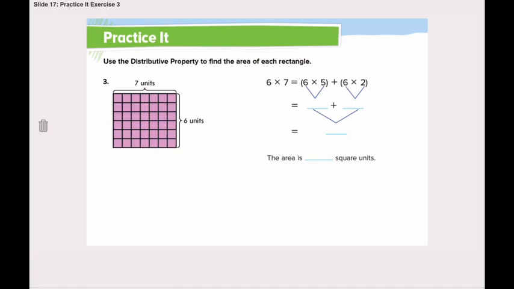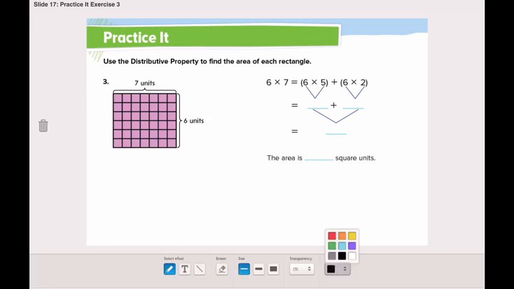Now, here we will need to also use the distributive property to find the area of each rectangle. The first step, they've already done it for us, which is decomposing one factor. The rectangle has a length of 7 units and a width of 6 units.